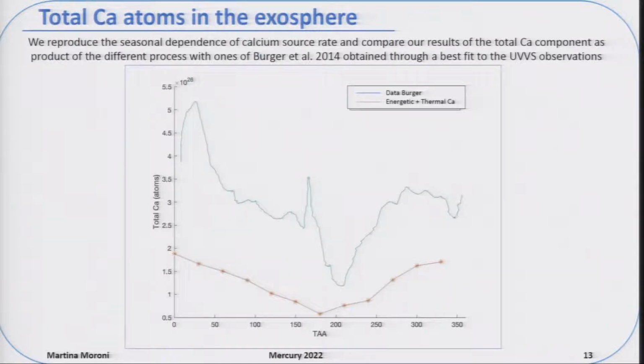Another thing that I wanted to underline is the presence of this peak around 13 degrees. One of the possible reasons is the contribution of some stream of a comet, for example the Encke comet, that could contribute to this peak at this angle. This is also not considered in this model for the moment, but will be future work.